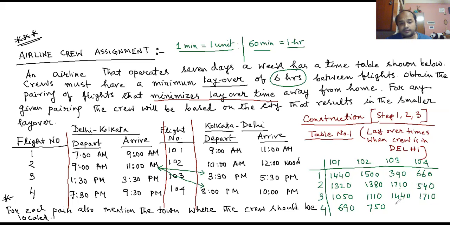How much? 1080. Yes, 1080. And what is the last one? Sir, I have 1410. Sir, I am getting 1110, sir. 18.5. 1410. Let us check. 9:30 p.m. It will be 1080. Yeah, okay.